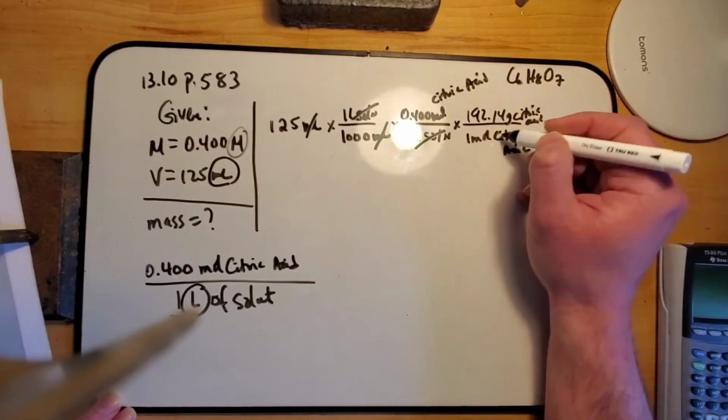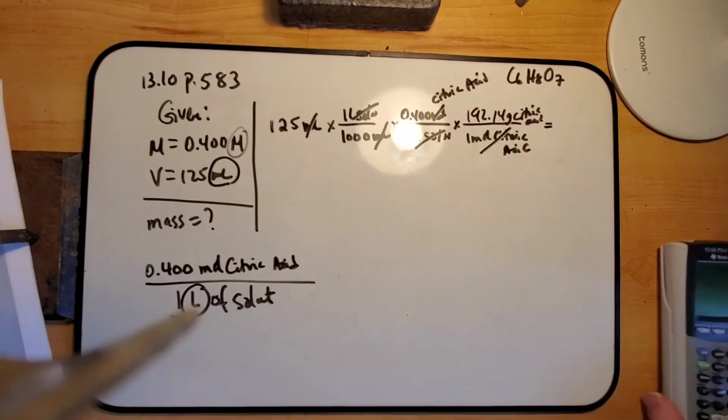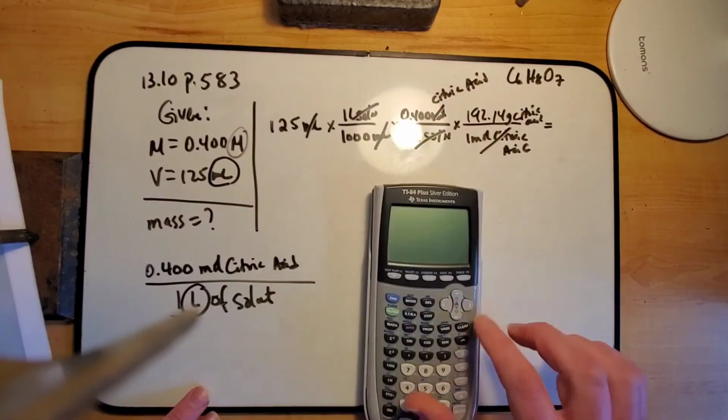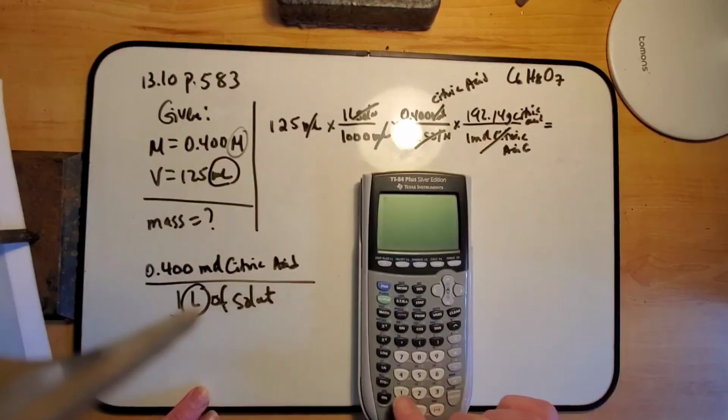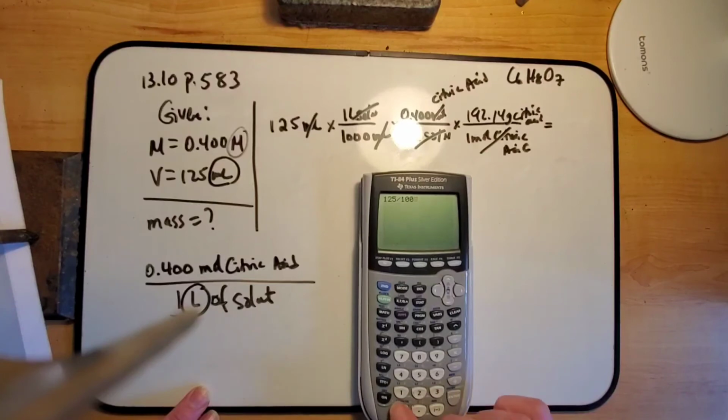And so when I do this conversion, first of all, I need to cancel the units I don't want. And when I'm doing these conversions, all I have to do is multiply and divide everything here in the proper order. So it's going to be 125 divided by 1,000 times 0.4 and then times 192.14.